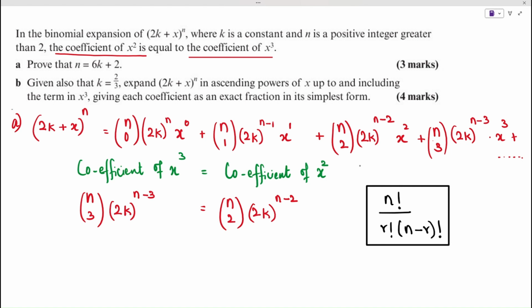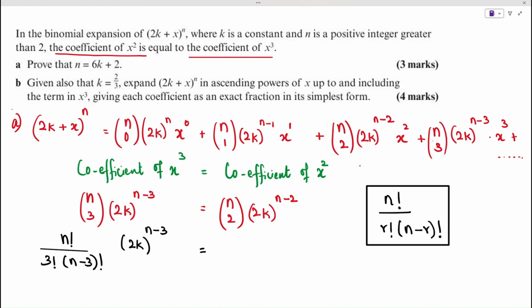We can write each of the coefficients out as n factorial over, for the x cubed one, 3 factorial multiplied by (n-3) factorial, times (2k)^(n-3).